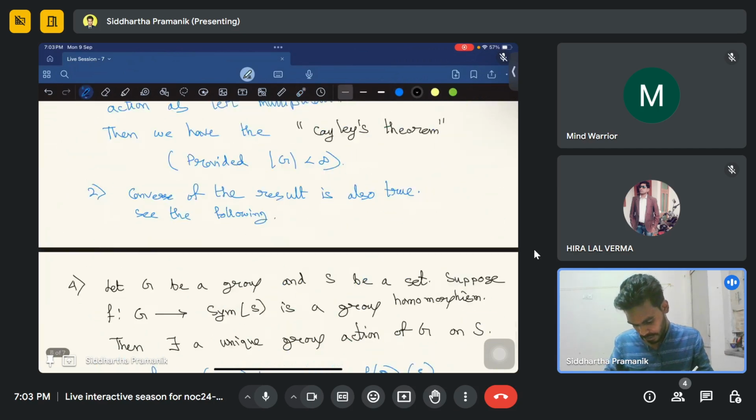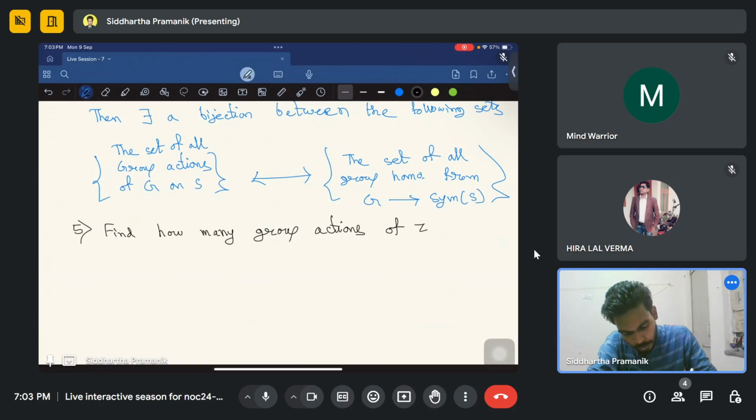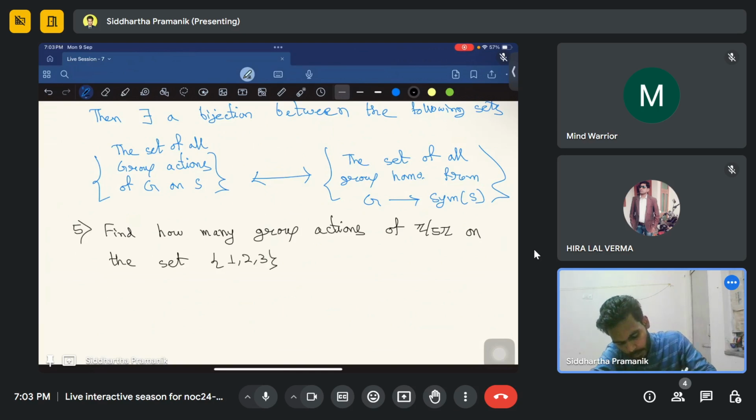So let's see a quick application of this. Find how many group actions of Z mod 5Z on the set, let's say, {1, 2, 3}.